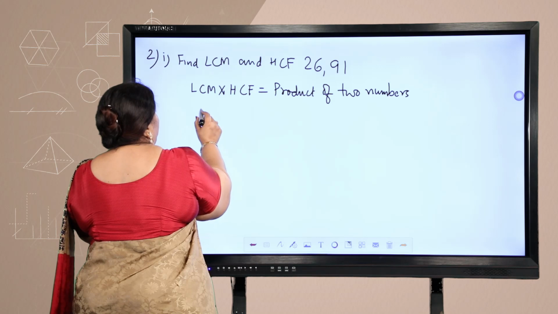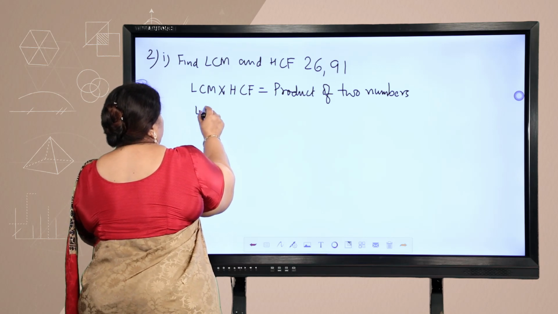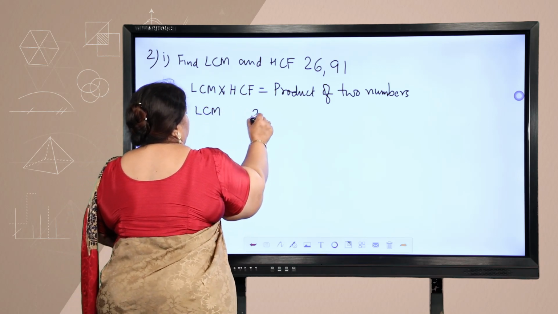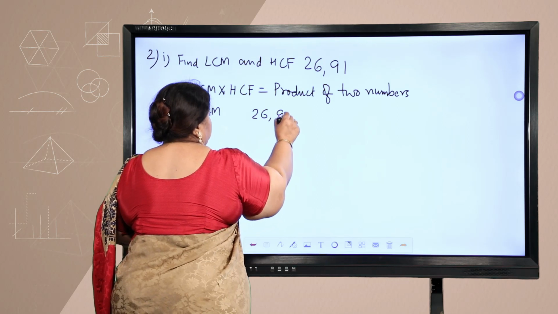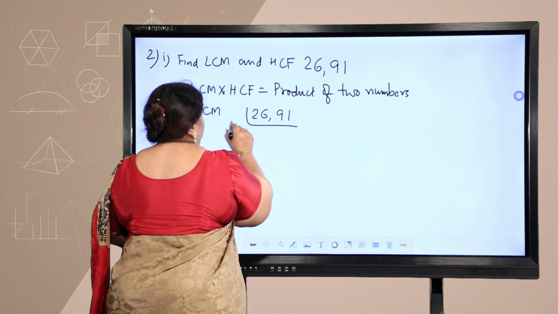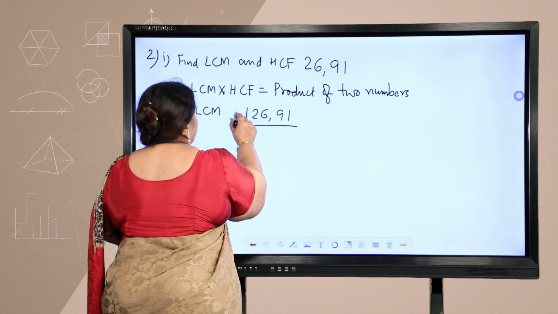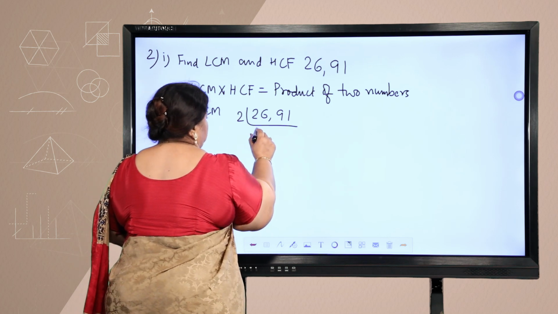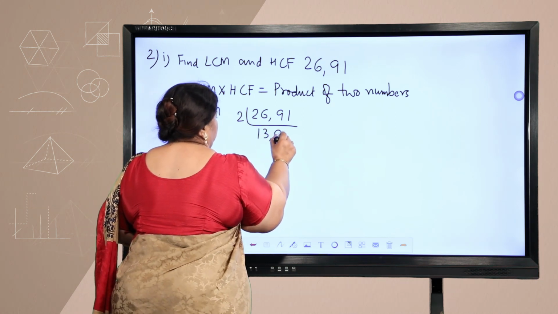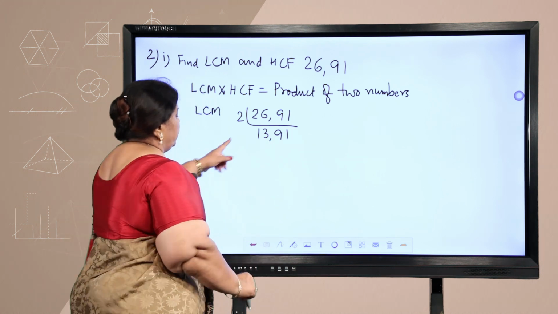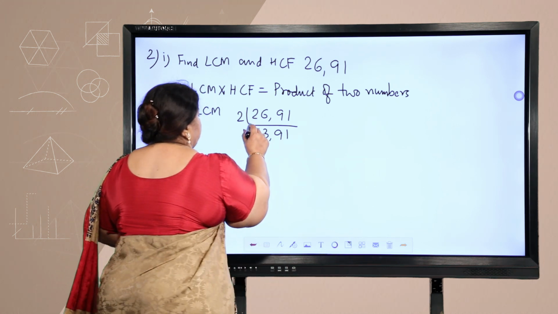Now, to find out the LCM, let me take the prime factorization method, of course. We can find that 2 is the smallest prime number. So, we get here 2 13s are 26 and 91 as it is.